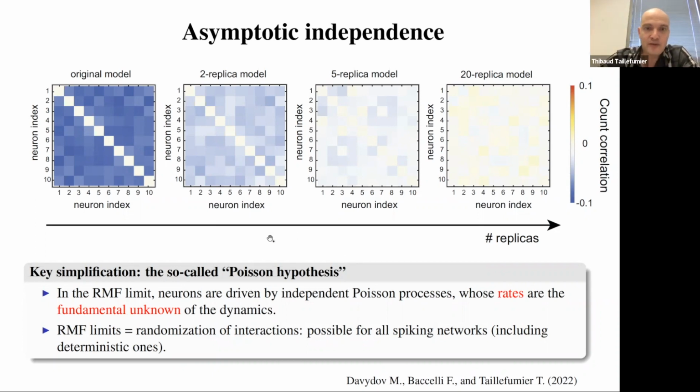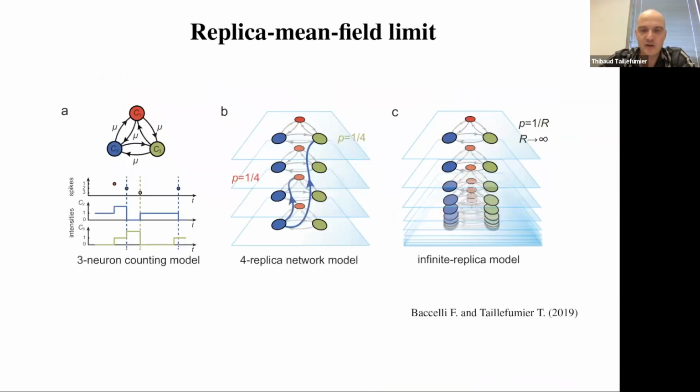Before I tell you how to compute those rates, which will be the basis of the computational aspect of the method, let me conclude on the theory part by saying that this kind of approach is not really dependent on anything in the model except for it being a spiking network. It entirely relies on randomizing the routing of spikes. And you can do that for any spiking network, including, for instance, deterministic ones.